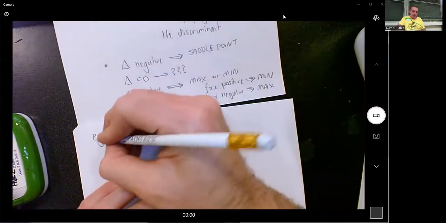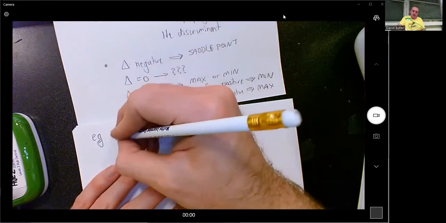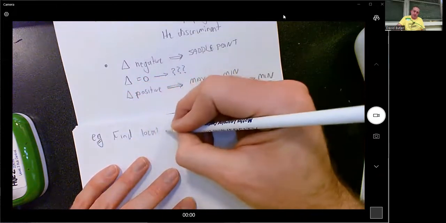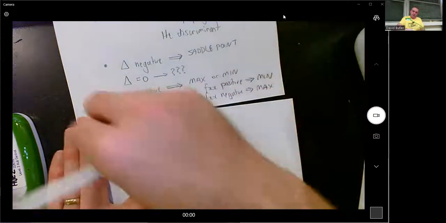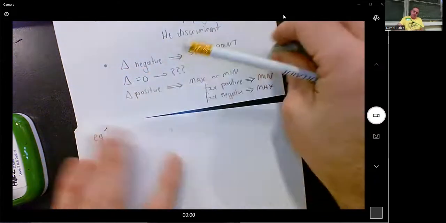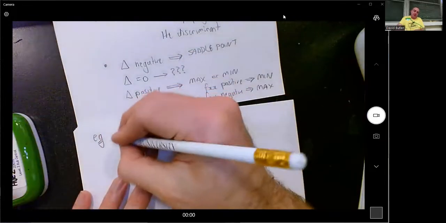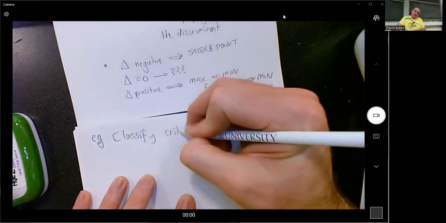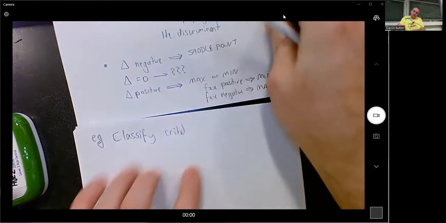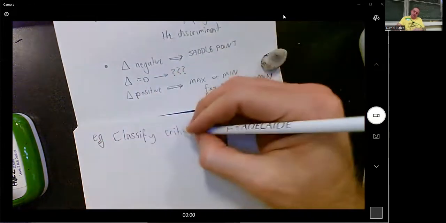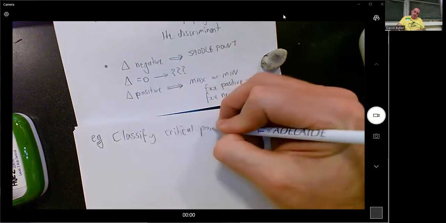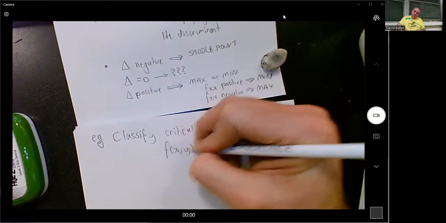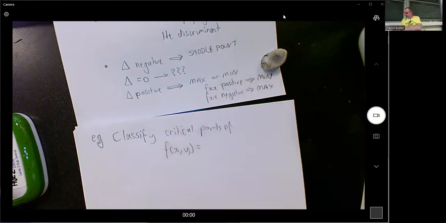So my example is, I'll continue, find, so normally they'll say classify the critical points. And I'll do the same function I did last time.